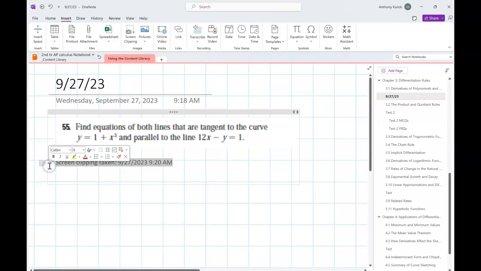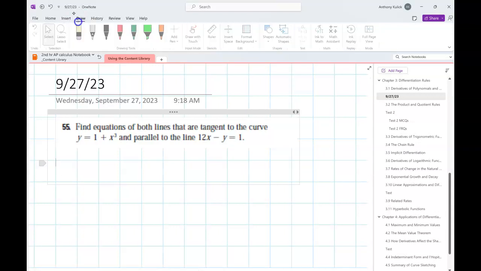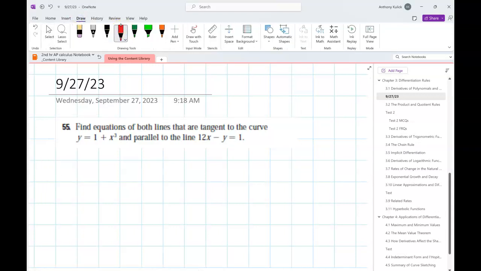It says find equations of both lines that are tangent to the curve y equals 1 plus x cubed, and also parallel to the line 12x minus y equals 1. I know that parallel lines have equal slopes, right?